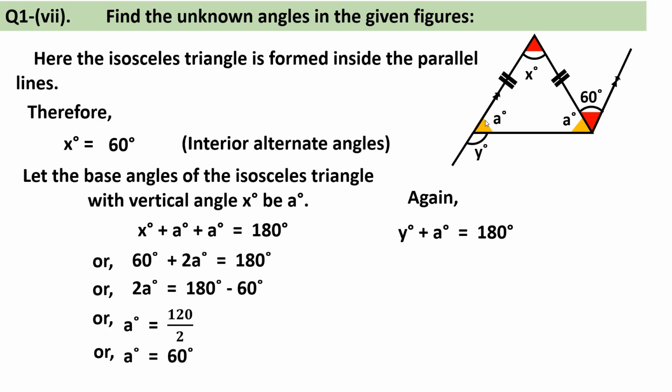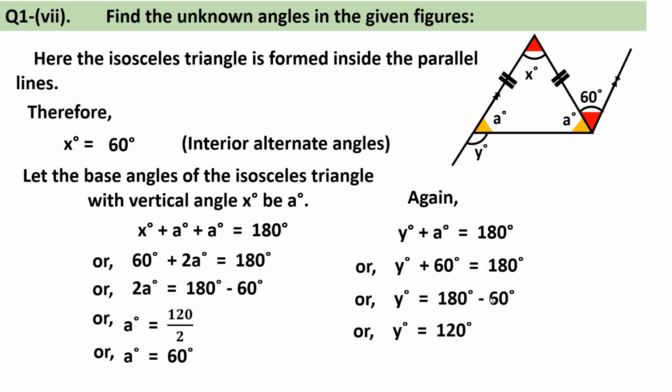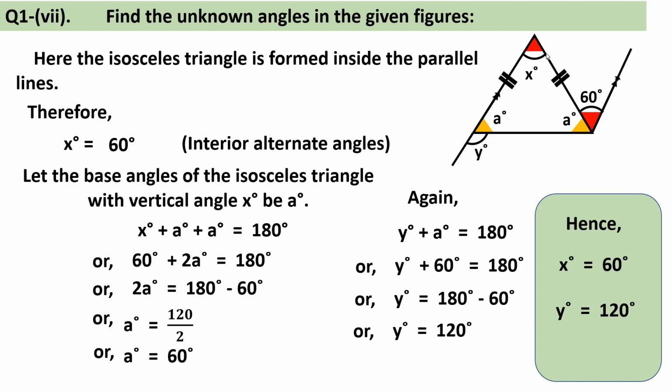Or we can also say because interior angle plus exterior angle of a triangle on the same vertex is 180 degree. So let's put the value of a over here. y degree plus 60 degree equals to 180 degrees, or y equals to 180 minus 60 degree, which will give us y equals to 120 degree. Therefore, finally we can write x degree is equal to 60 degrees and y is equal to 120 degrees. This is what we are asked to find.